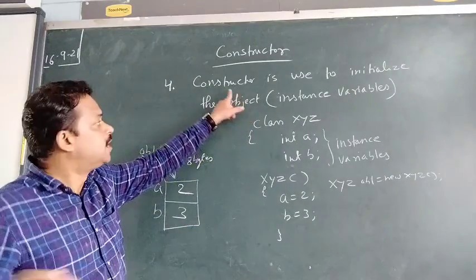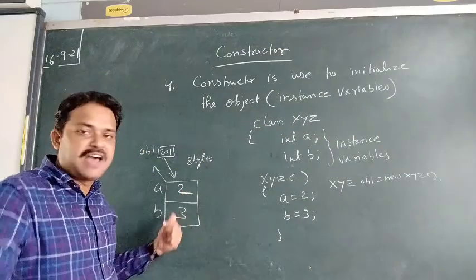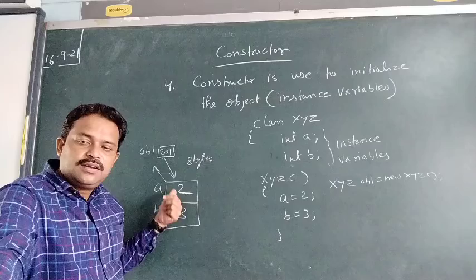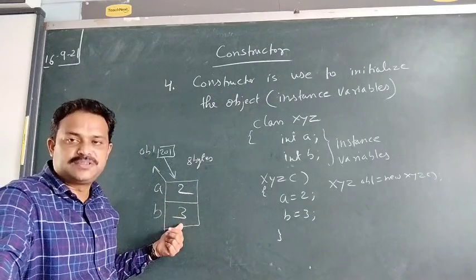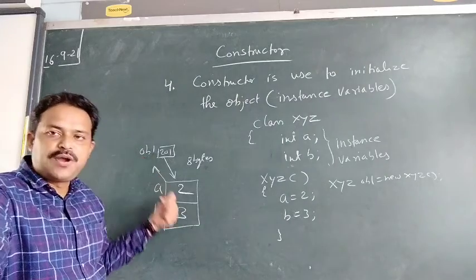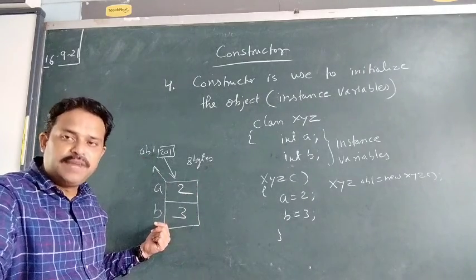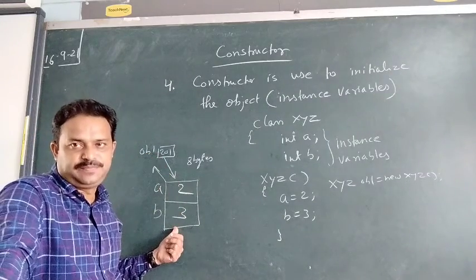Now read this sentence. Constructor is used to initialize the instance variable. See, instance variable has been initialized. Once the instance variable has been initialized, it means that the object has been initialized. Why? Because this object is pointing towards this memory only. So indirectly, you have initialized the object.